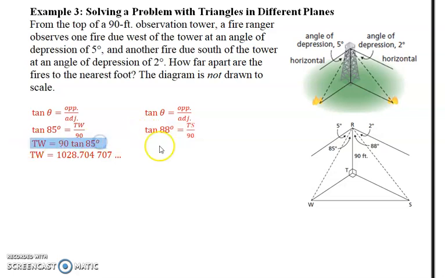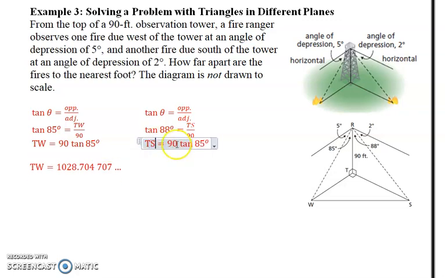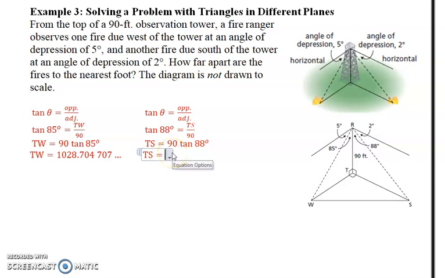Remember, we're pretty much doing the same calculation as we did last time, only changing the numbers. So we're looking for TS this time, and the angle's 88. That means TS is going to equal 90 tan 88, which is an incredible difference.